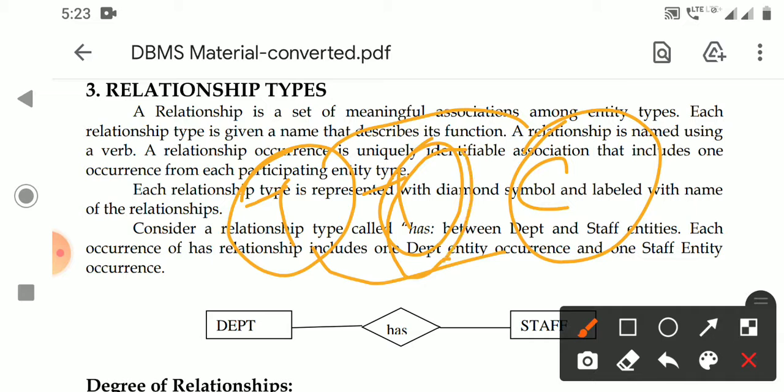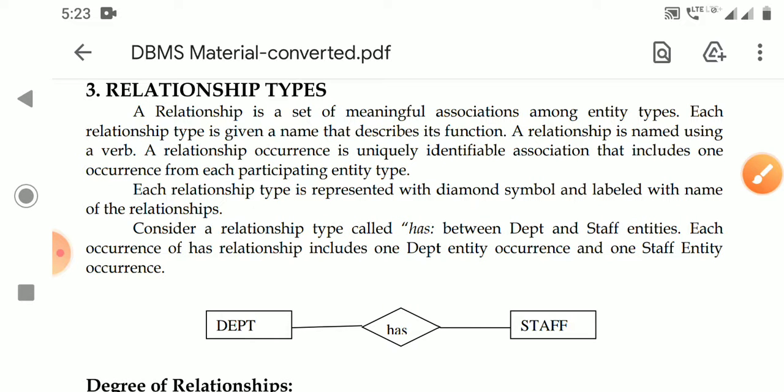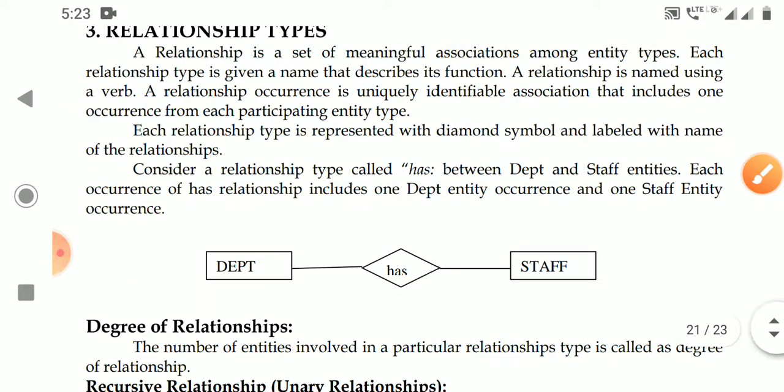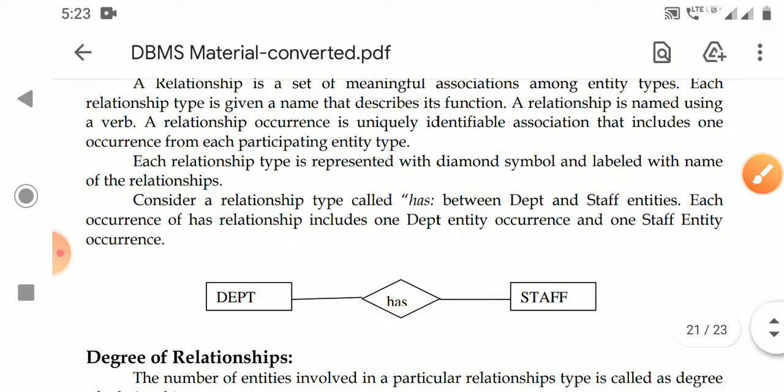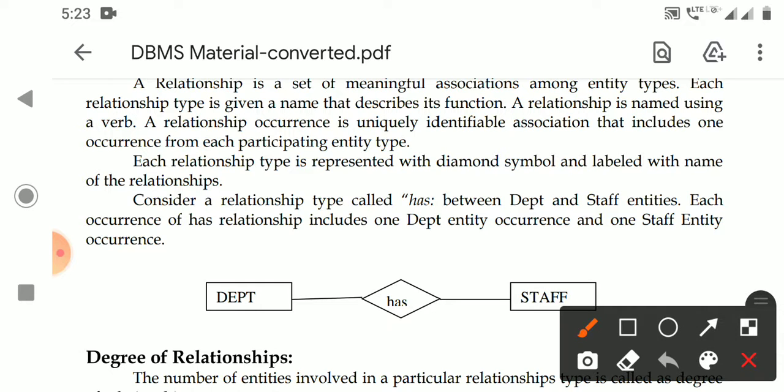This describes the function of the entity. Relationships are generally verbs. For example, joined, teaches, a department has. Like this, relationships are named using a verb.